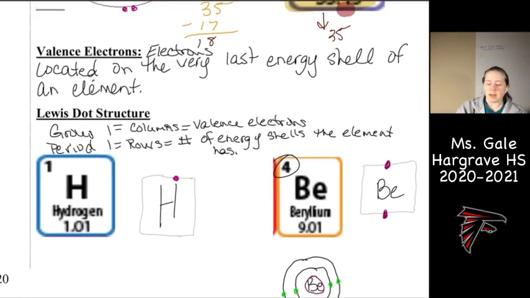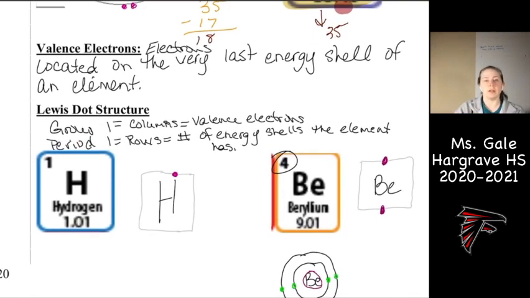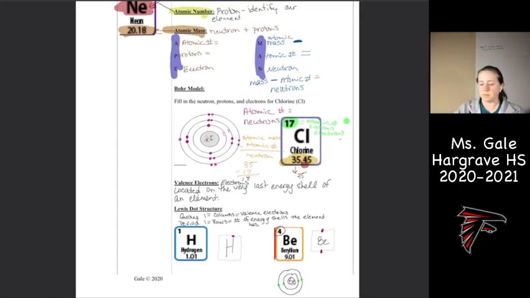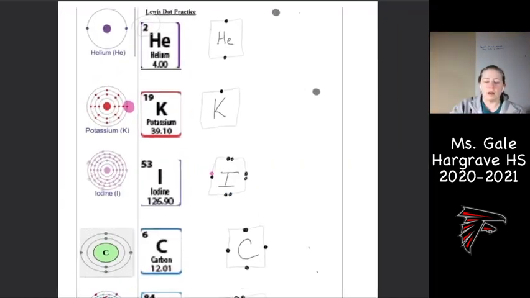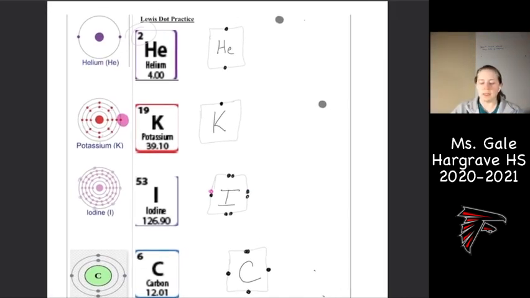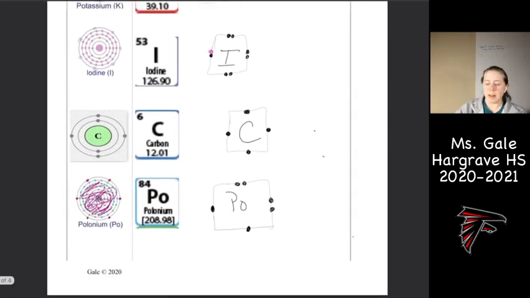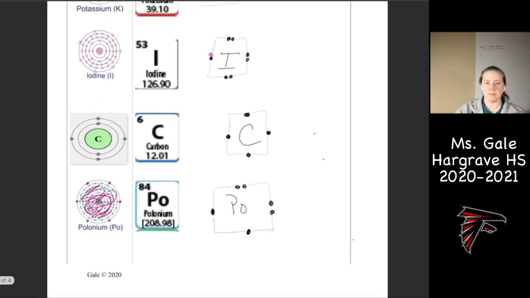We noticed that hydrogen has only one valence electron. Beryllium has two valence electrons because it has two rings. That second ring only has two in there. We learned helium has two, potassium has one, iodine has 7, carbon has 4, and polonium has 6.